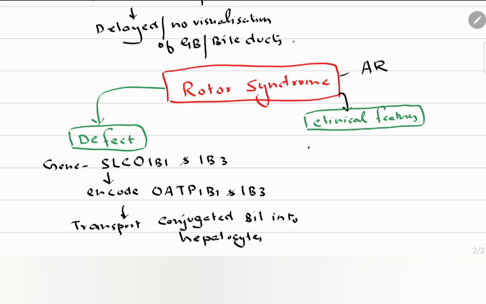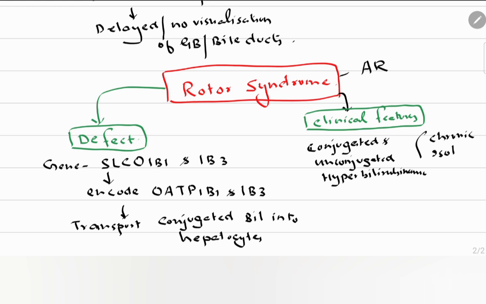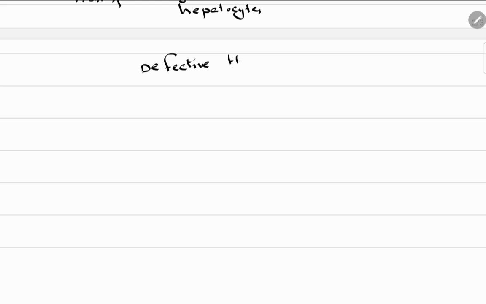In Rotor syndrome, you will find conjugated and unconjugated hyperbilirubinemia, which is chronic and isolated. You will not find any hemolysis in this syndrome. And Rotor syndrome is a benign condition. There is actually defective hepatic storage of conjugated bilirubin.